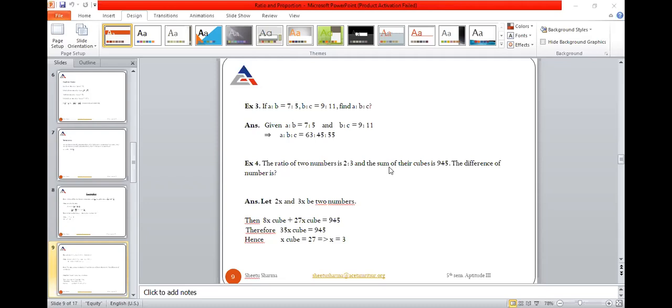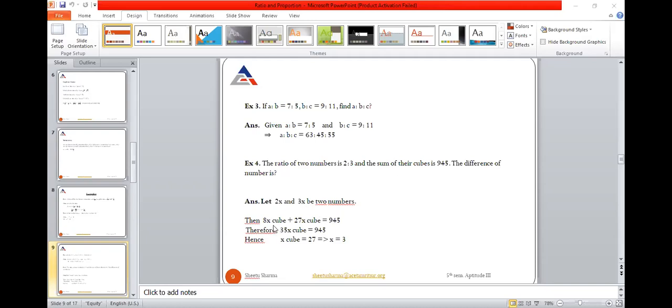Now the condition is that the sum of their cubes is 945. Sum of their cubes means (2x) cubed plus (3x) cubed.